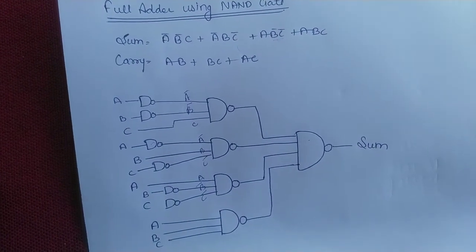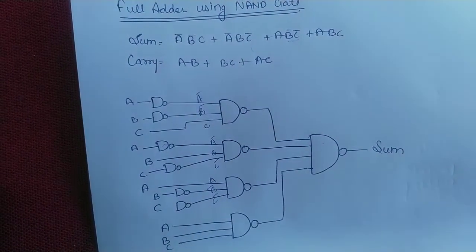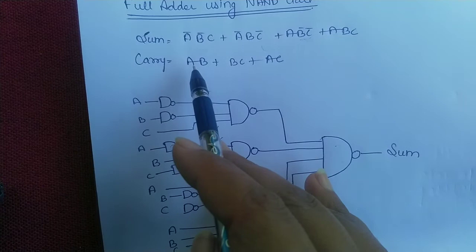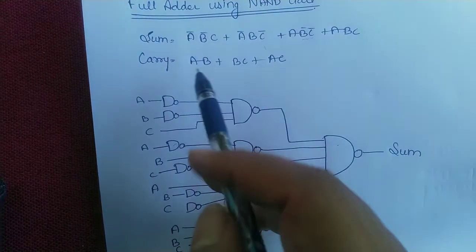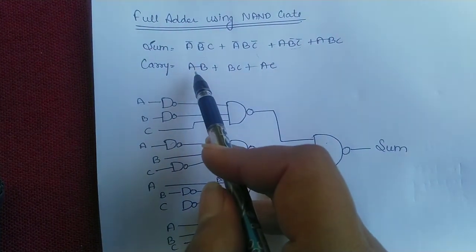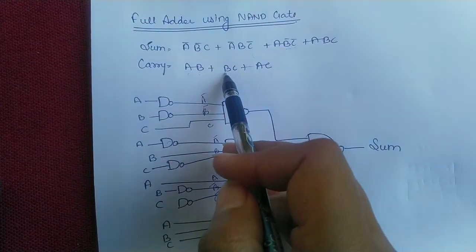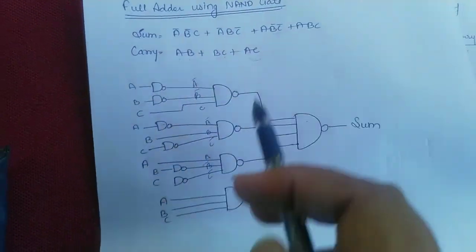The next logical expression is for the carry. We have to draw the logical circuit diagram for carry, that is AB plus BC plus AC. So we need three NAND gates: one for AB, one for BC and one for AC.